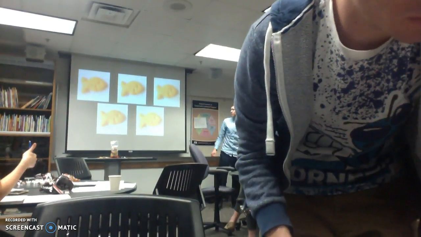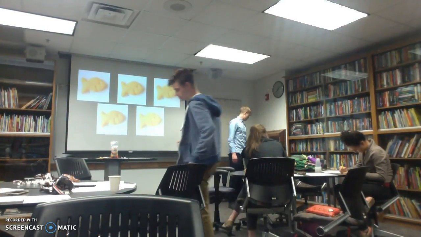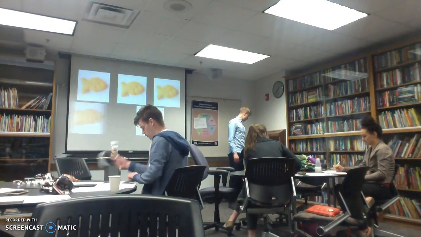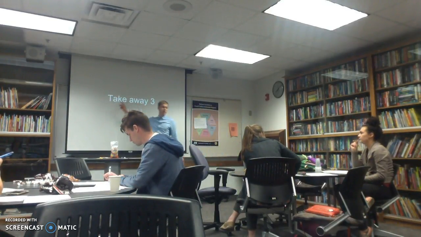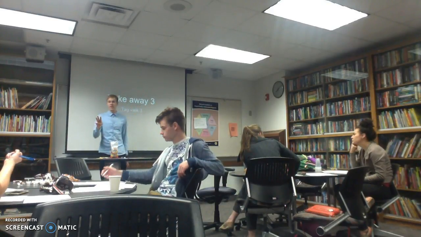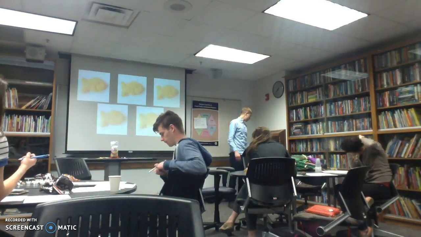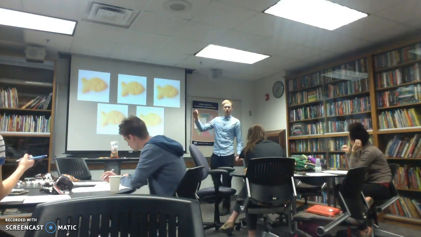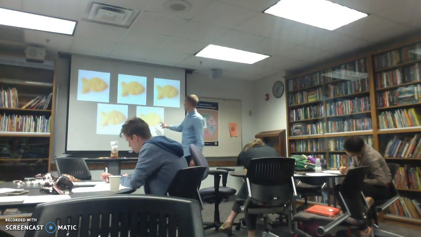All right, so we have 5 goldfish. And now what we need to do is we need to take away 3 goldfish. So we have 5 goldfish total, and we need to take away 3 of those goldfish, okay? So what I want everyone to do is put a cross or an X over each goldfish as we take away each one.